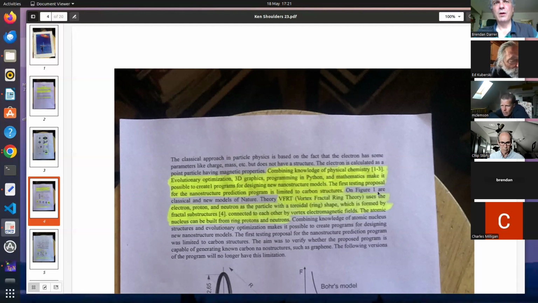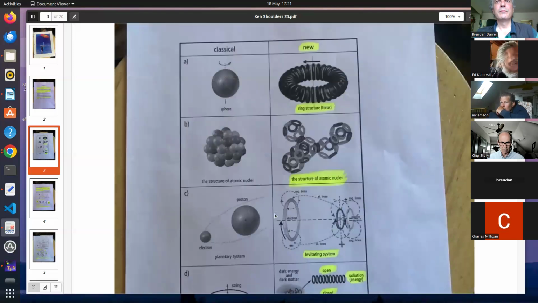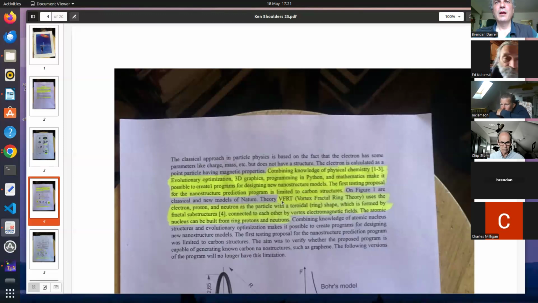On figure 1 are classical and new models of nature. So that was that figure there. VFRT, vortex fractal ring theory, uses the electron, proton, and neutron as the particle with a toroidal ring shape, which is formed by fractal substructures, connected to each other by vortex electromagnetic fields.